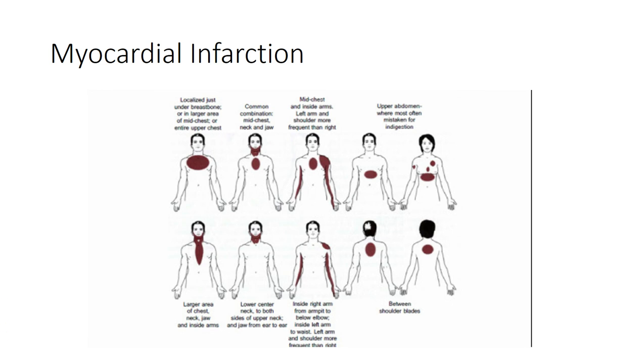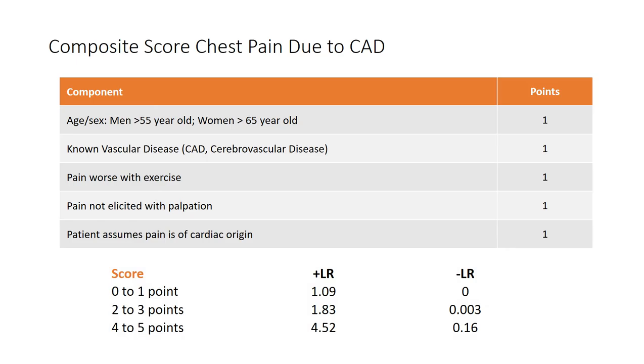Here's a nice image which you can use to determine if a patient is having a heart attack in your clinic. It comes from the Canadian Medical Association Journal. So again, are they older men or older women? Do they have cardiovascular disease, cerebrovascular disease, or even peripheral vascular disease like PAD?